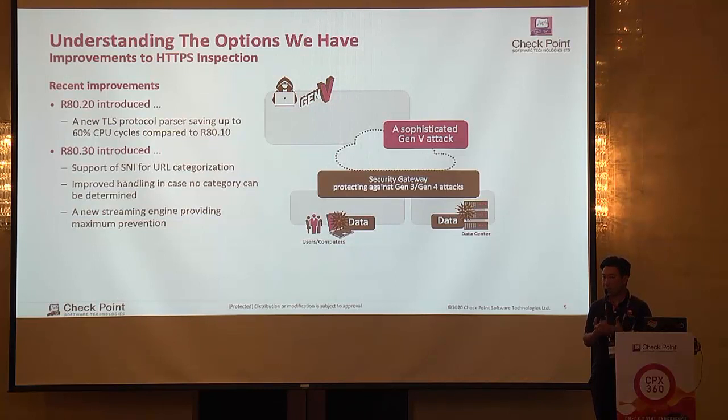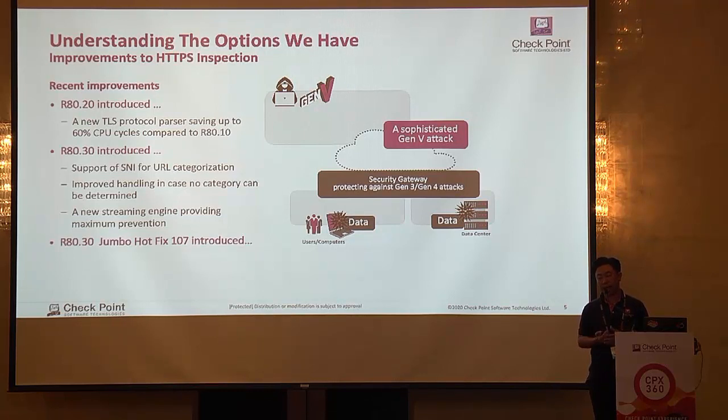With this streaming engine, we maximize the performance and also maximize the prevention. With the new packet matching engine, we can inspect the encrypted traffic with our NGTX capabilities, including access control, application, URL filtering, IPS, antivirus, anti-bot, and also threat emulation and threat extraction.